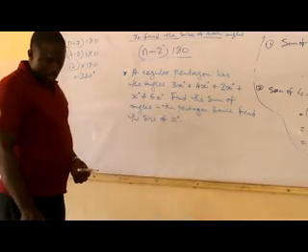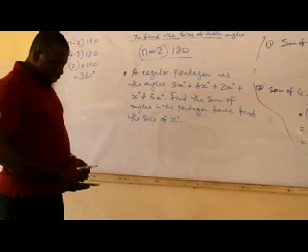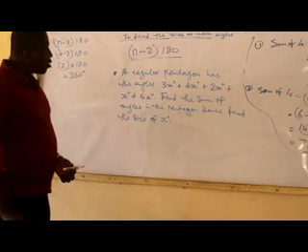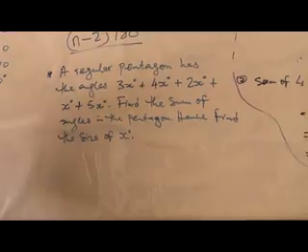That's what they ask. So in this case, we are going to find the size of x. But before we do that, we are going to calculate the sum of angles in a given pentagon.